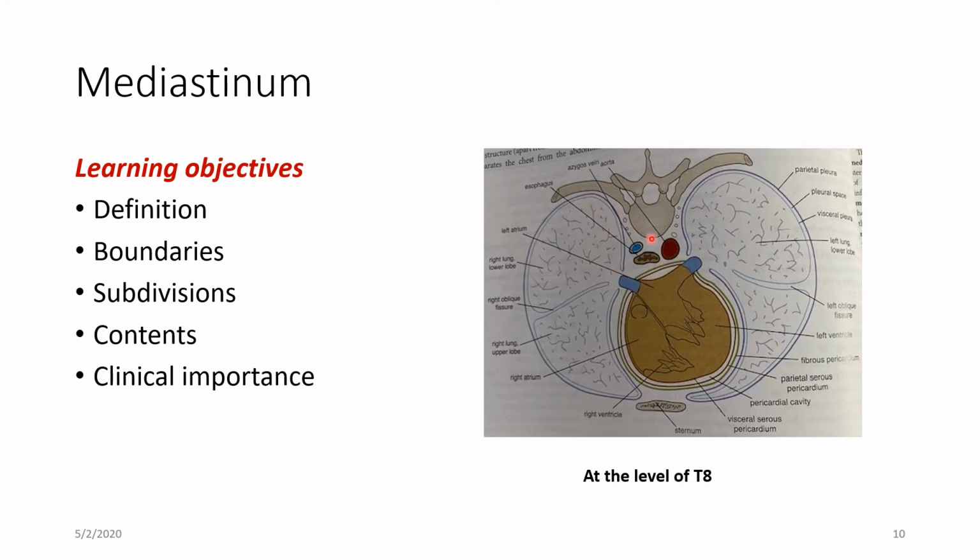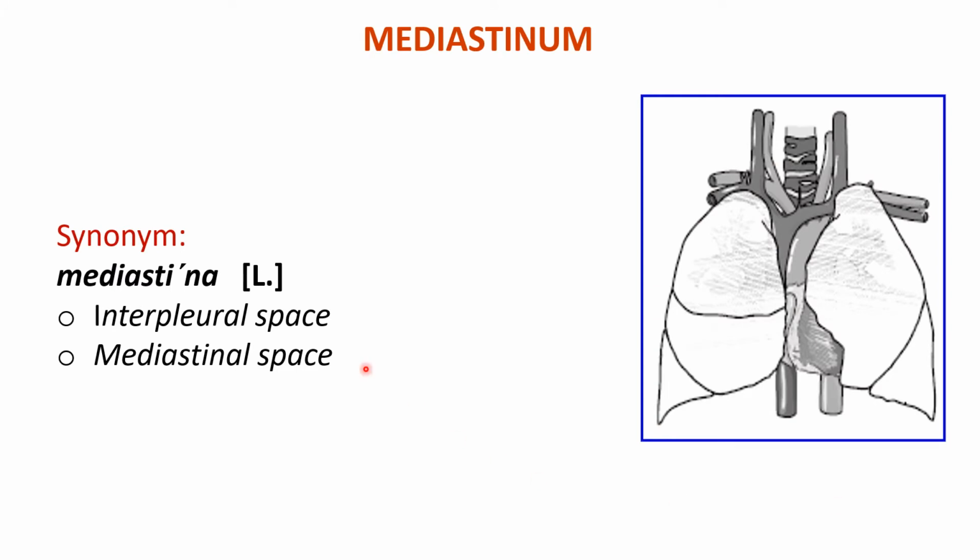The posterior boundary for mediastinum, that is the bodies of vertebra, you are seeing, and then this is the sternum anteriorly. The word mediastinum is derived from the Latin mediastina, which means interpleural space or mediastinal space.